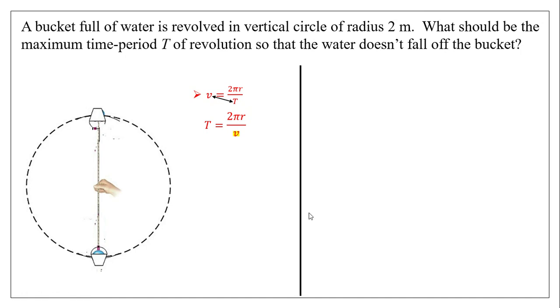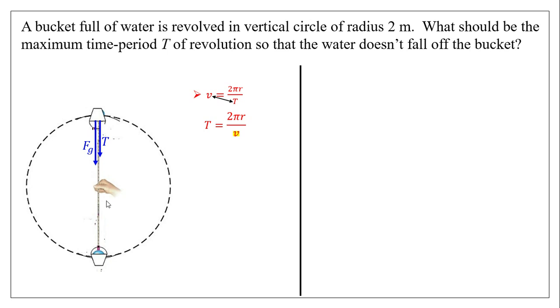But I do want to point out that in order to find the time period needed for the water not to fall out of the bucket, you should definitely draw your free body diagram. So at the very top of the vertical circle, here's F of g, and because it's tied to a string, here is the tension in the string.